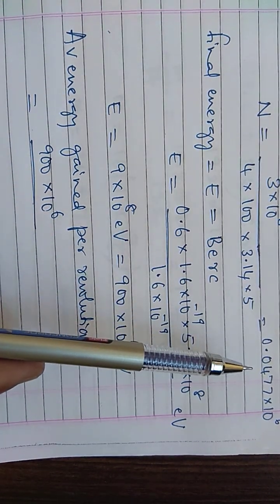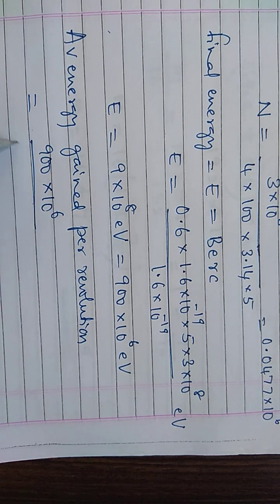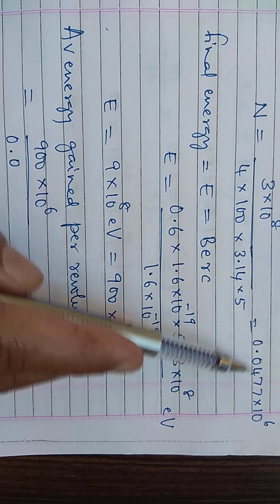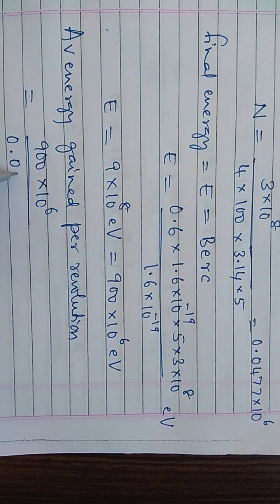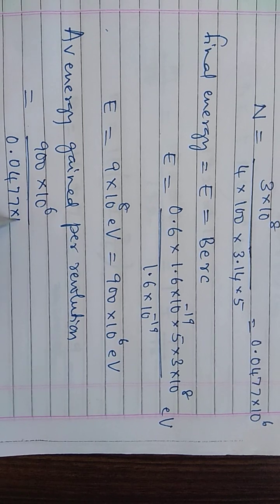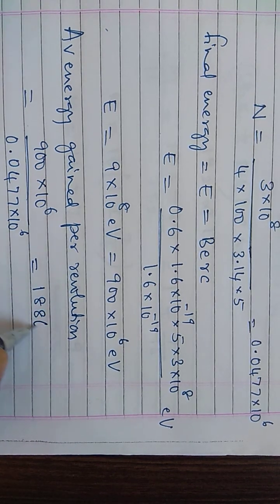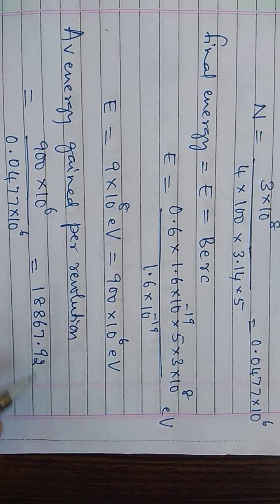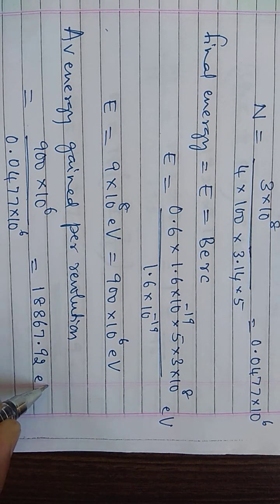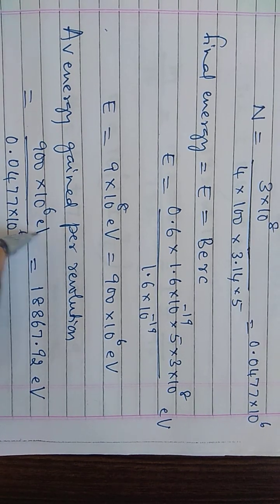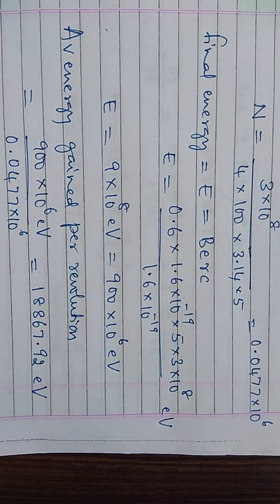Already we got the number of revolutions, 0.0477 10 to the power 6, that is equal to 18867.92 so many EV. This is in terms of EV, divided by the number of revolutions. You will get it in terms of EV.